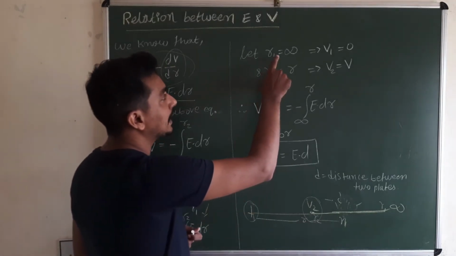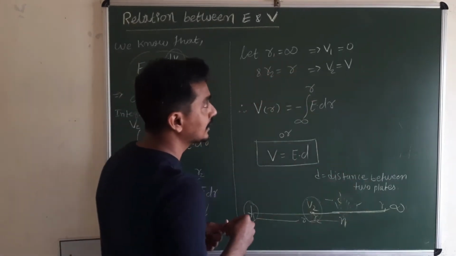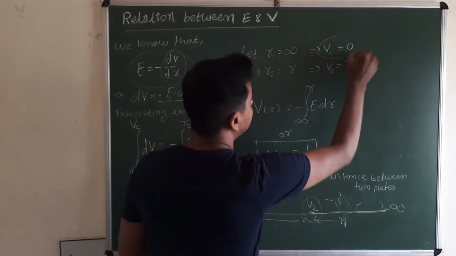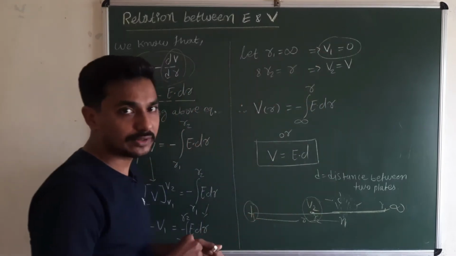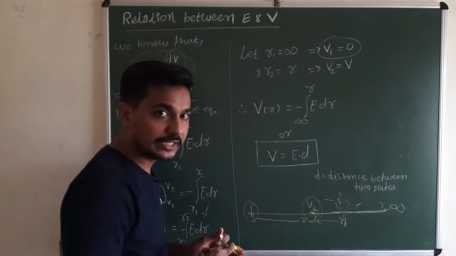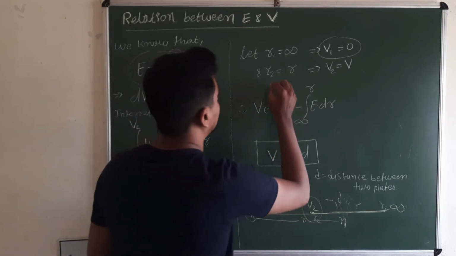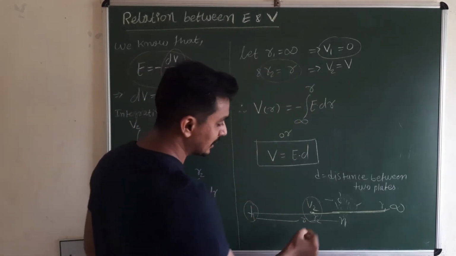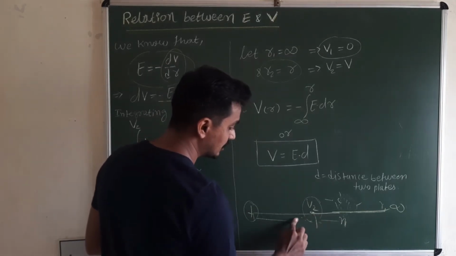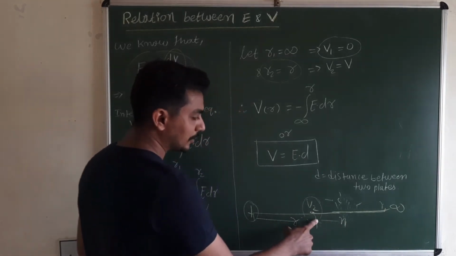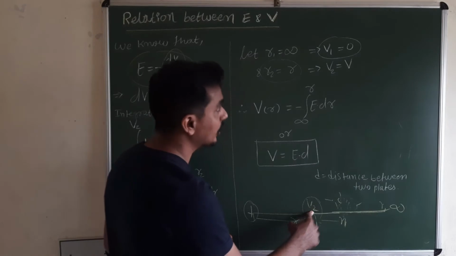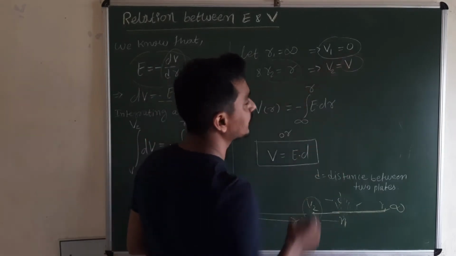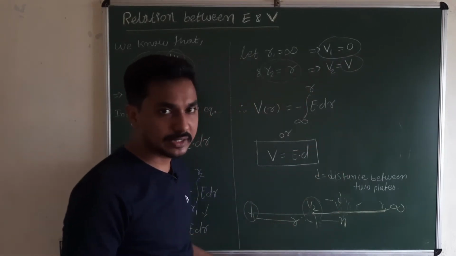So if we take r1 equal to infinity, then the potential at infinity is 0. We know that the potential at infinity is 0, and let us assume that the distance r2 is r, and the potential V2 at this point we assume is V. If you want to keep it V2, you can keep it.